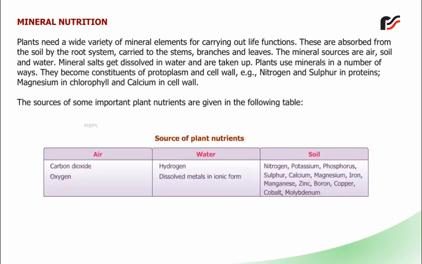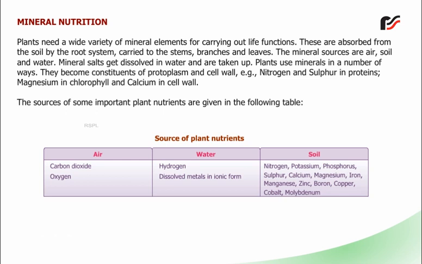Plants use minerals in a number of ways. They become constituents of protoplasm and cell wall. For example, nitrogen and sulfur in proteins, magnesium in chlorophyll, and calcium in cell wall. The sources of some important plant nutrients are given in the following table. Source of plant nutrients.